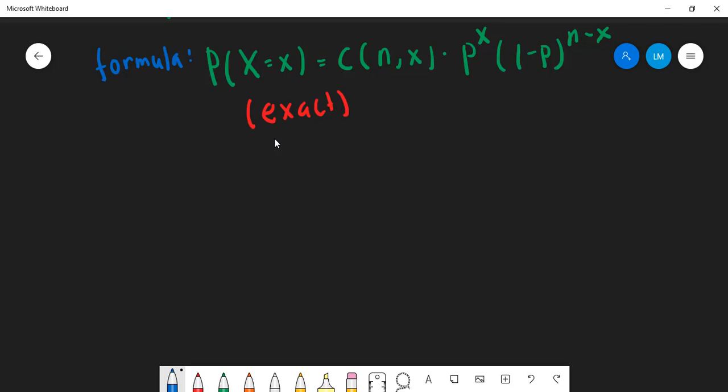Well, let's say that we're going to roll a die. Well, I know that the probability that it lands on my selection is 1 out of 6. Now, let's say that it's rolled 5 times.